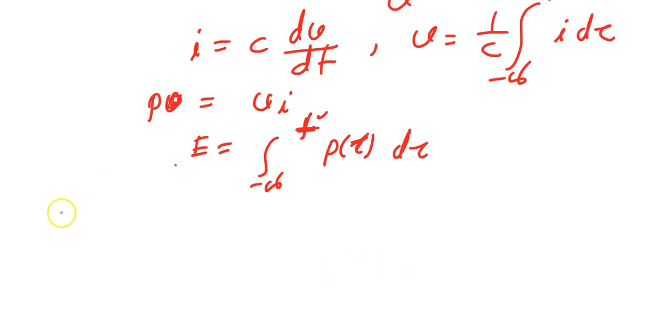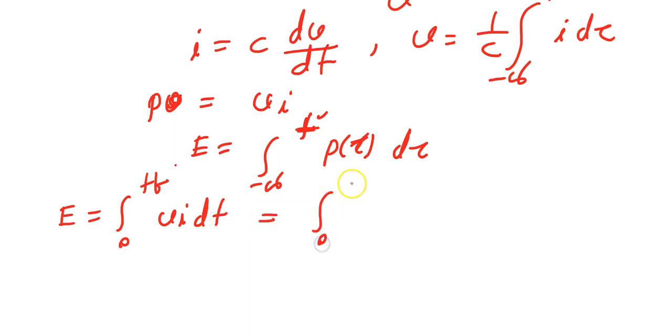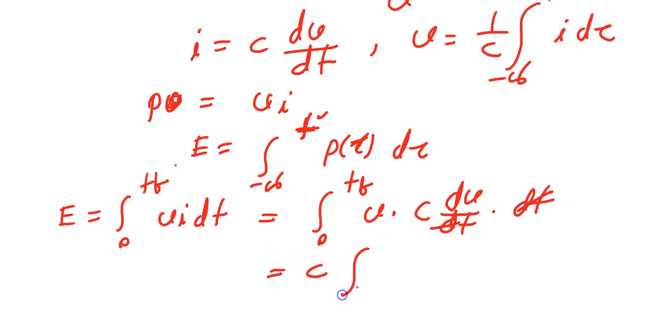Then we'll calculate the energy. Energy is equal to, I am considering from 0 to final time, the integral of VI dt. I is C dV/dt, and dt cancels. So you have C; I am assuming C is constant. Obviously in the circuit your C will be constant; otherwise, if C is a function of time, you have to include the C inside.